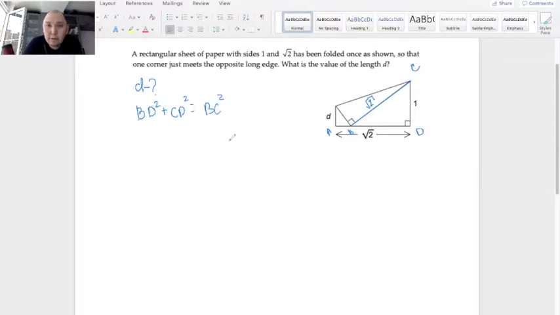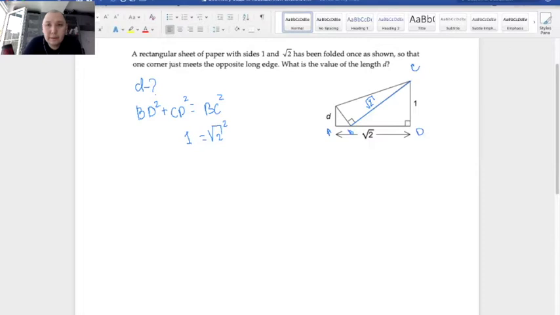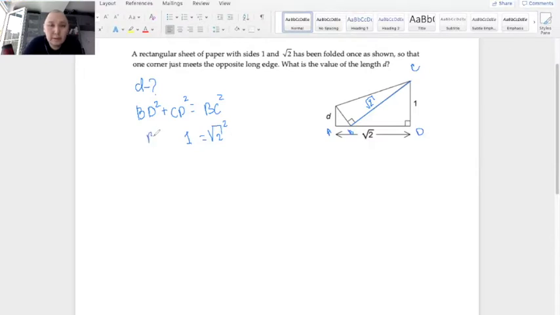Instead of BC, we write square root 2; instead of CD, we write 1; BD is unknown. So BD squared is 2 minus 1, so BD squared is 1, and BD is plus or minus 1, but the length of a side cannot be negative, so positive 1 is the length of BD.